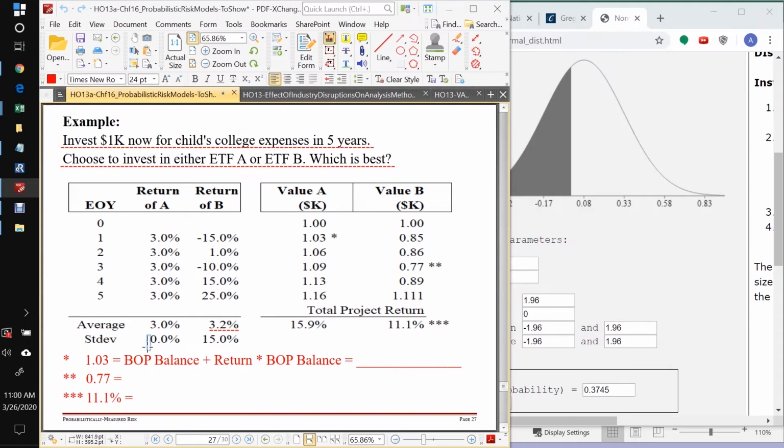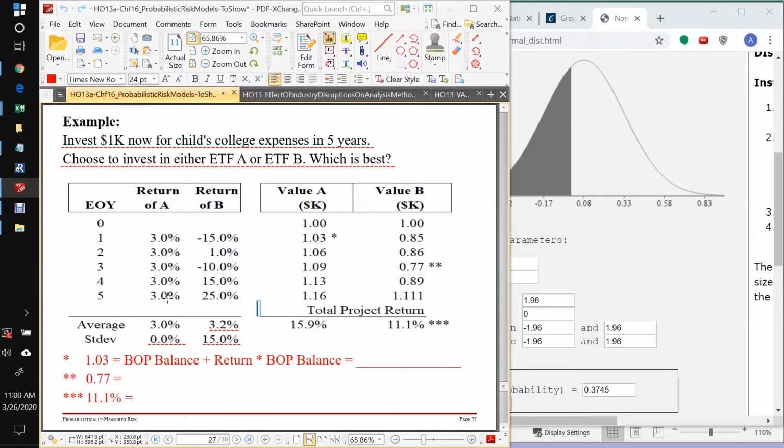But it's also good to look at, and important to look at, the volatility of the returns measured by something like the standard deviation of returns. In this context, standard deviation is a nice thing to use. So A has a standard deviation of 0 because it's looking something like a treasury, right?